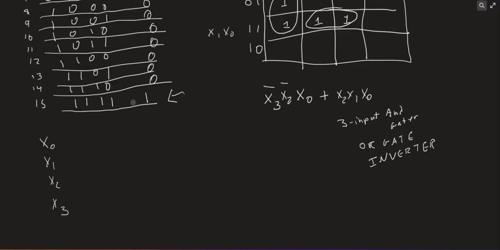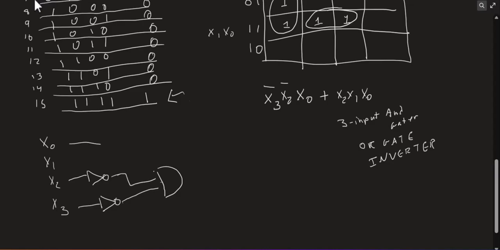The inverter is a NOT gate, so I need to get the NOT of x2 and x3, and I will AND those with x0. And I need the AND of x2, x1, and x0.